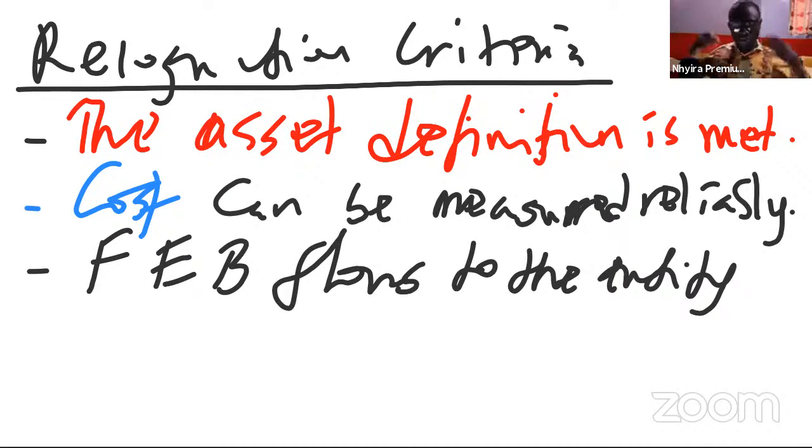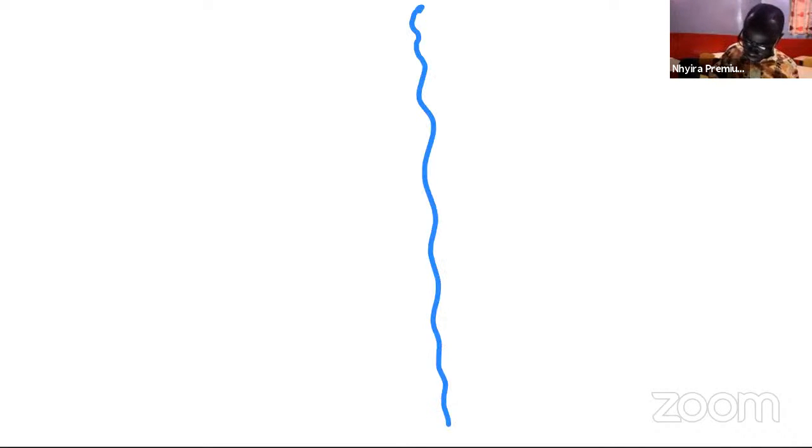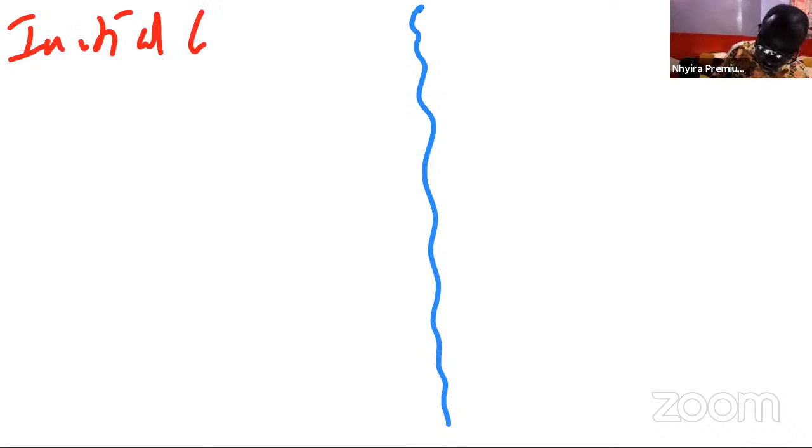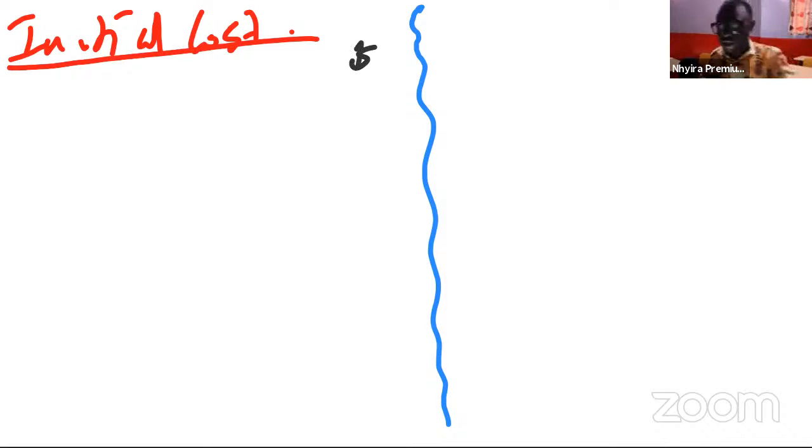So let's look at the initial measured cost of an asset. The standard says that among other things, the initial cost of an asset shall include the following.